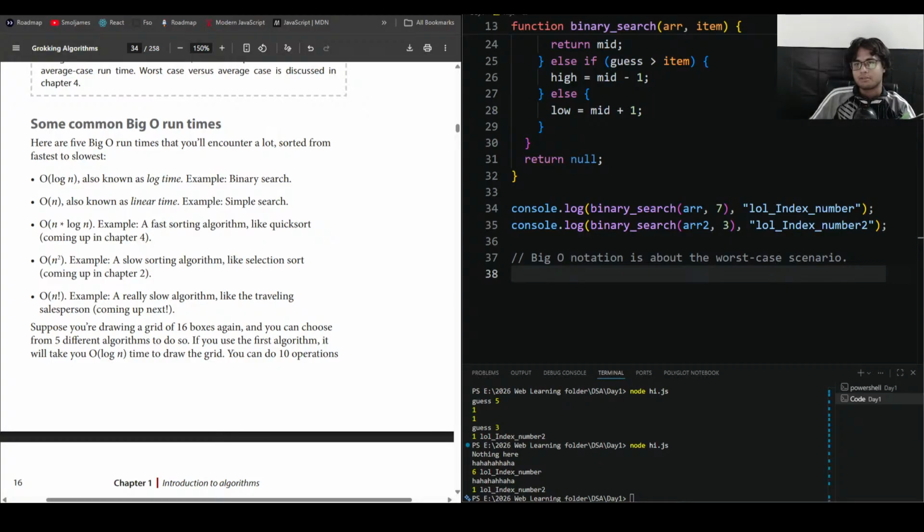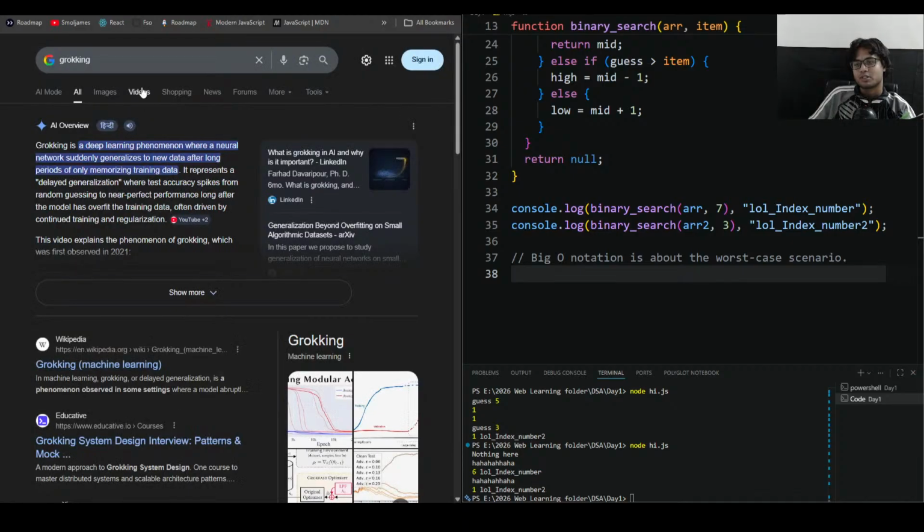Some common big O runtimes. Here are 5 big O runtimes that you'll encounter a lot, sorted from fastest to slowest. O(1) is the fastest.